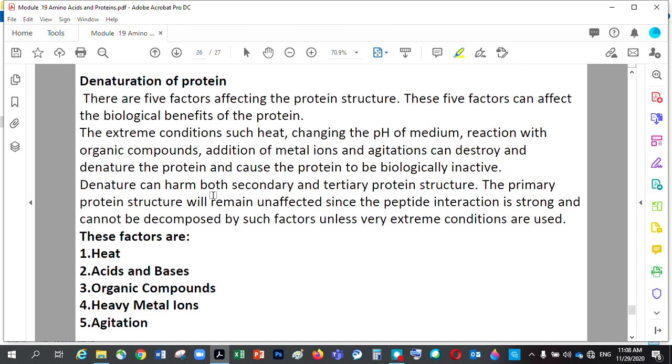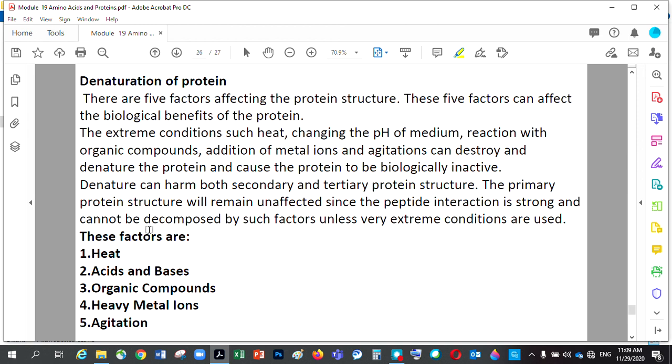Denaturation can harm both secondary and tertiary structure, correct? The primary protein is a long chain. It has no arrangement in space, so it should not be affected by these denaturing conditions. But the tertiary and the secondary have arrangement in space, alpha and beta, and the tertiary has alpha and beta chains.